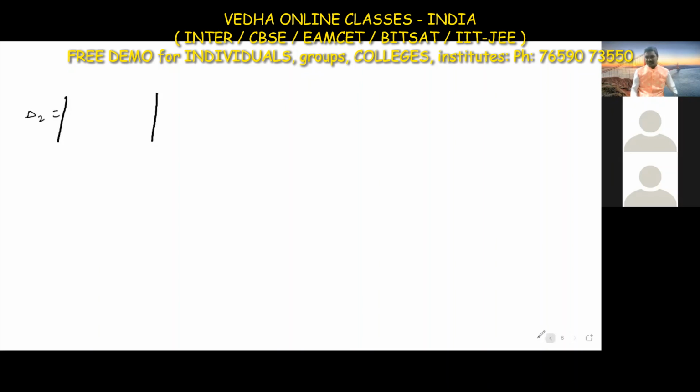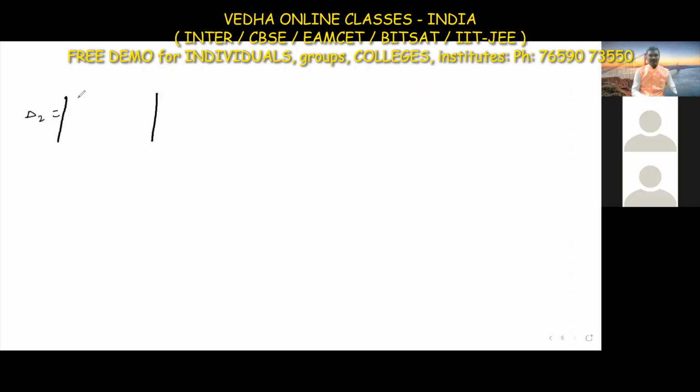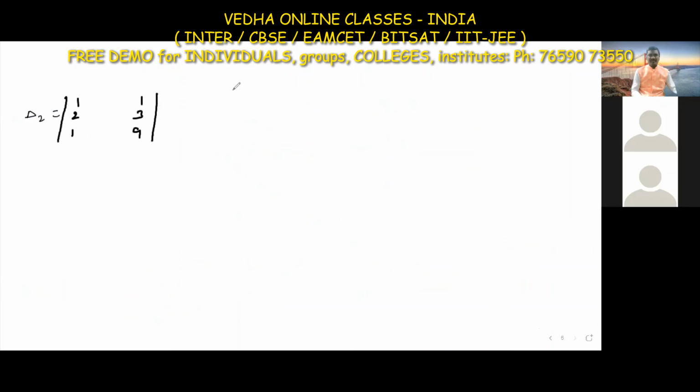So no change in the first column and third column of the A matrix: 1 2 1, 1 3 9 as is. In place of the second column, we are going to write the D matrix, 1 6 9, in the second column.